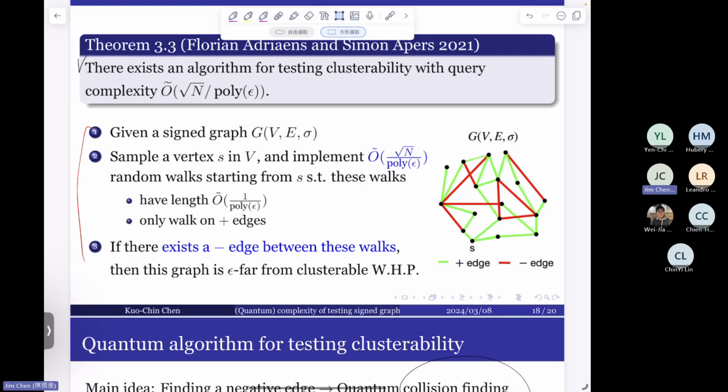And in some scenarios, we put the weight on the vertices, but in this scenario, we only consider graphs where the edges are labeled positive or negative. So I think that quite depends on the scenario that you would like to apply.